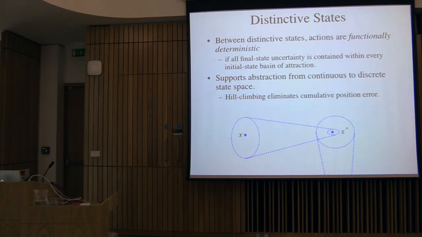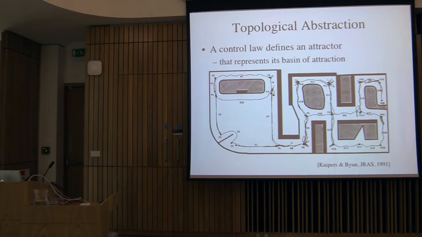You can't eliminate all error, but you can eliminate the unbounded accumulation of error. And as long as you can always end up within that basin of attraction, then you can set off on the next link. And motion at this abstracted level becomes effectively deterministic, even where motion at the continuous level was error-prone. So this is actually a pretty exciting property.